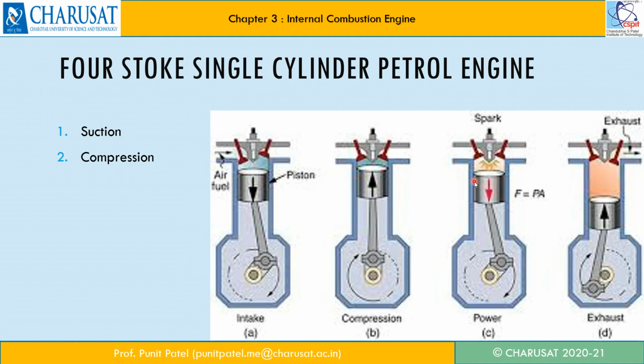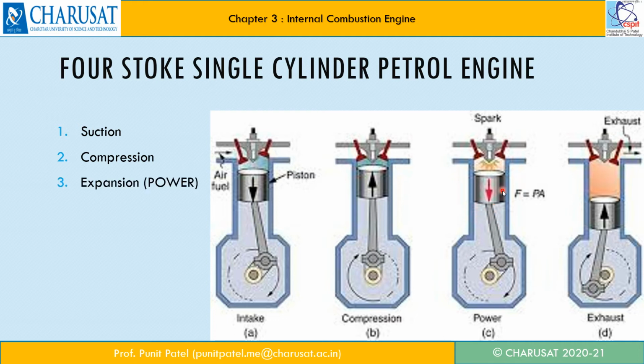During the power stroke, both inlet and outlet valves remain closed. Piston moves from top dead center to the bottom dead center. High pressure combustion products act on the piston and the piston moves backward. This is a working stroke because during this stroke the work is done by the engine.